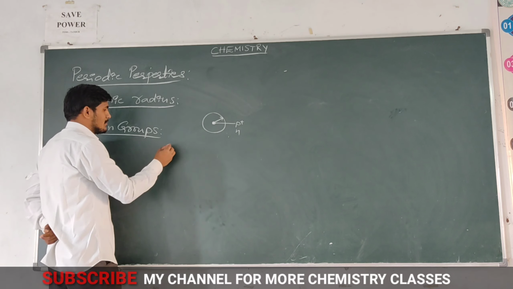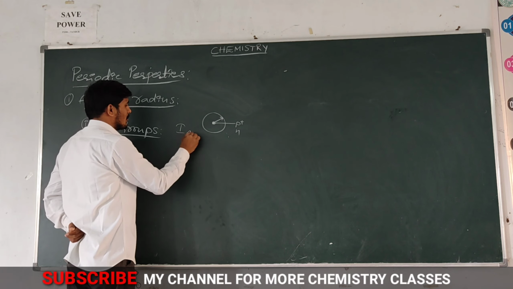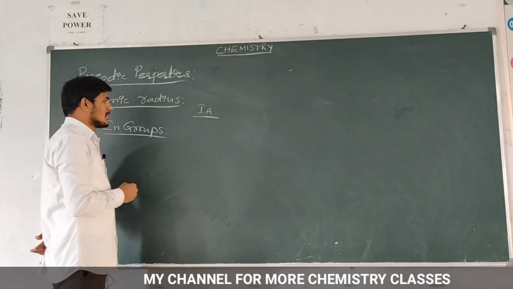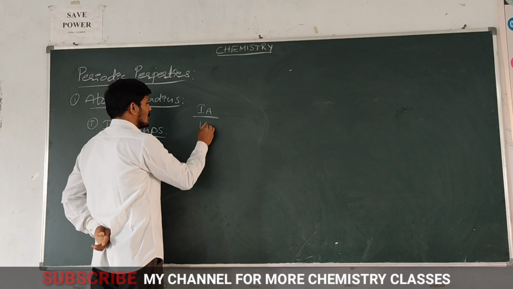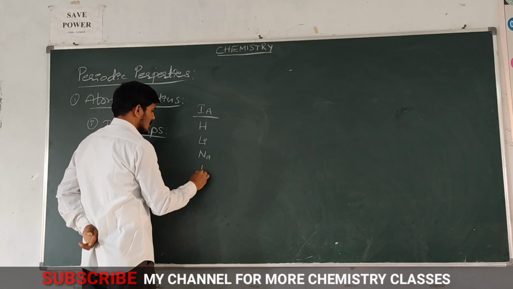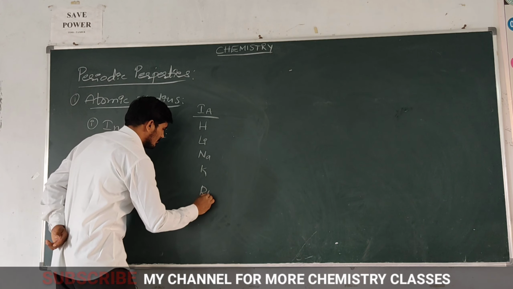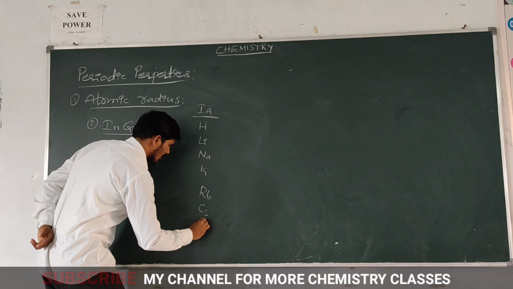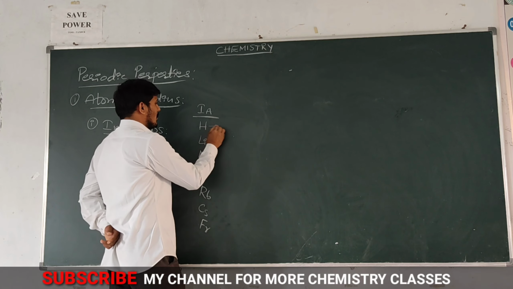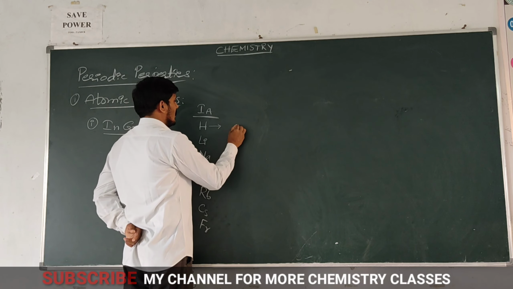How does it increase? Take the first A group elements: hydrogen, lithium, sodium, potassium, rubidium, cesium, francium. What is the structure?